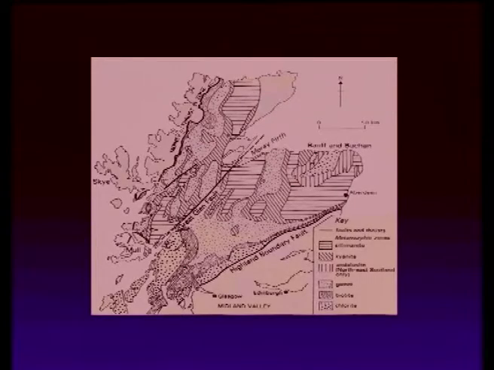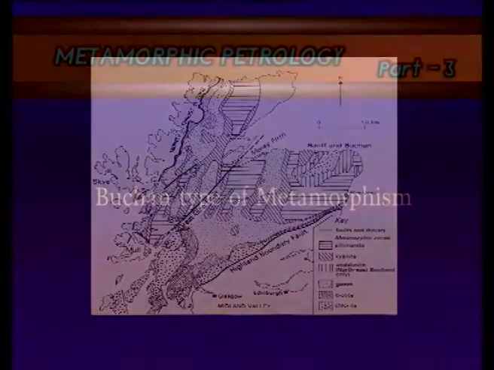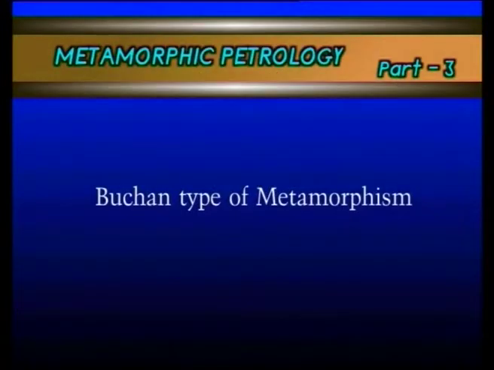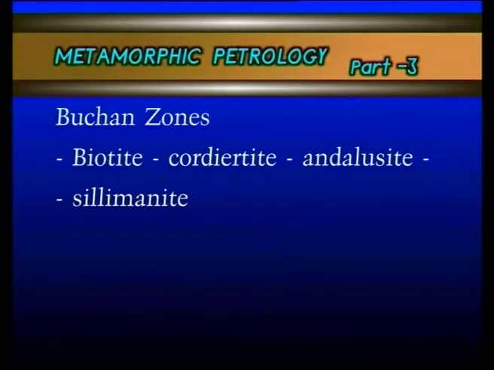Later, mapping in the Buchan region of the eastern Dalradian revealed a sequence of progressive metamorphism that was different from the Barrow zones. The Buchan zones were biotite, cordierite, andalusite, sillimanite, and this sequence represents the Buchan type of metamorphism.